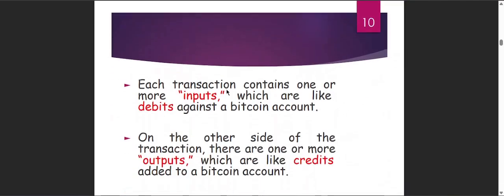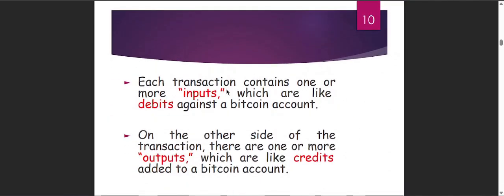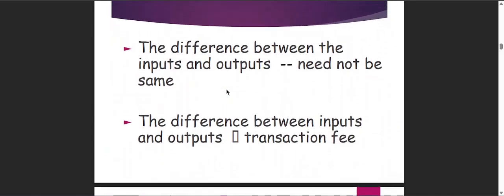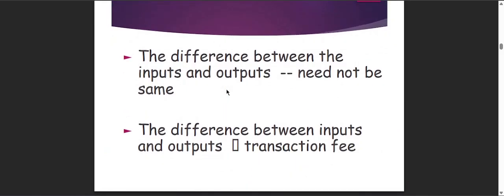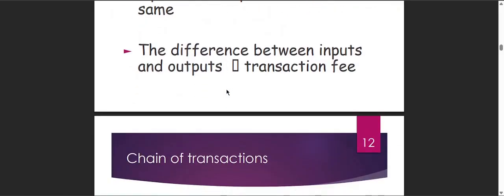Each transaction contains one or more inputs, which are like debts against the Bitcoin output. On the other side of the transaction there are outputs, called credits, that are added to your account, called a Bitcoin account. The inputs and outputs need not be the same. The difference between the inputs and outputs is considered the transaction fee. That 0.5 is the transaction fee.